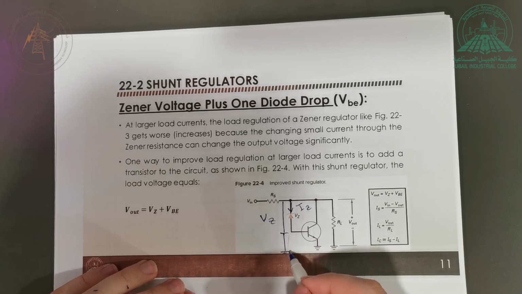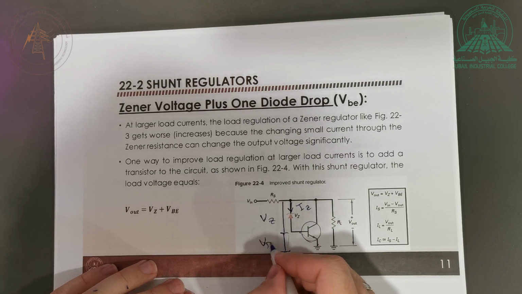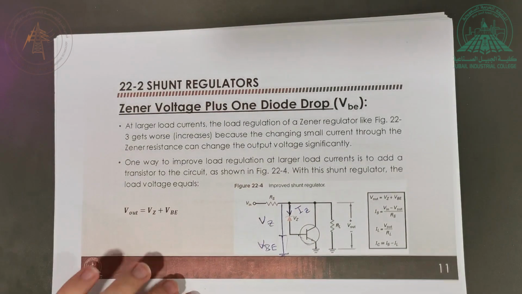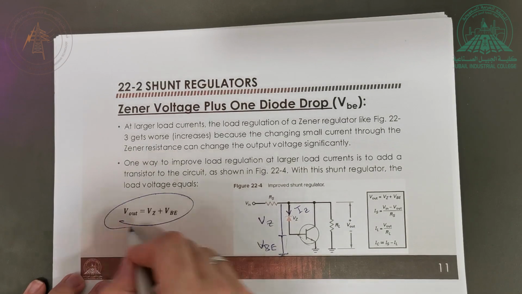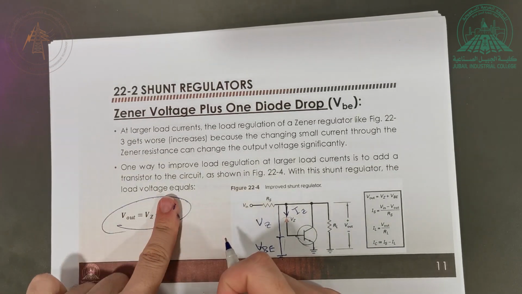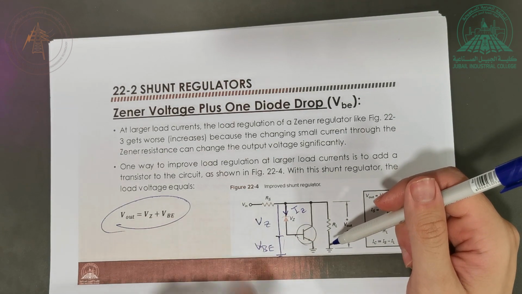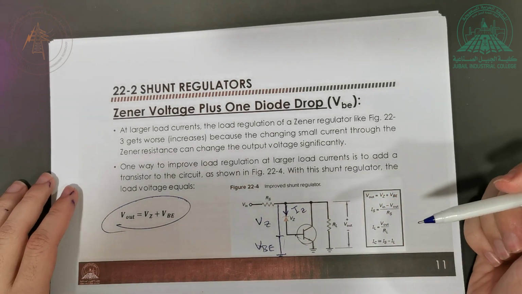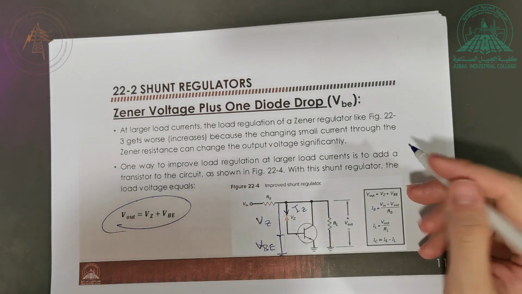What do we call this voltage? This is called VBE. How much is VBE of a bipolar junction transistor? It is 0.7. So now we have a small modification. V out is not equal to VZ alone. We actually have to add VBE, so it's equal to VZ plus VBE.